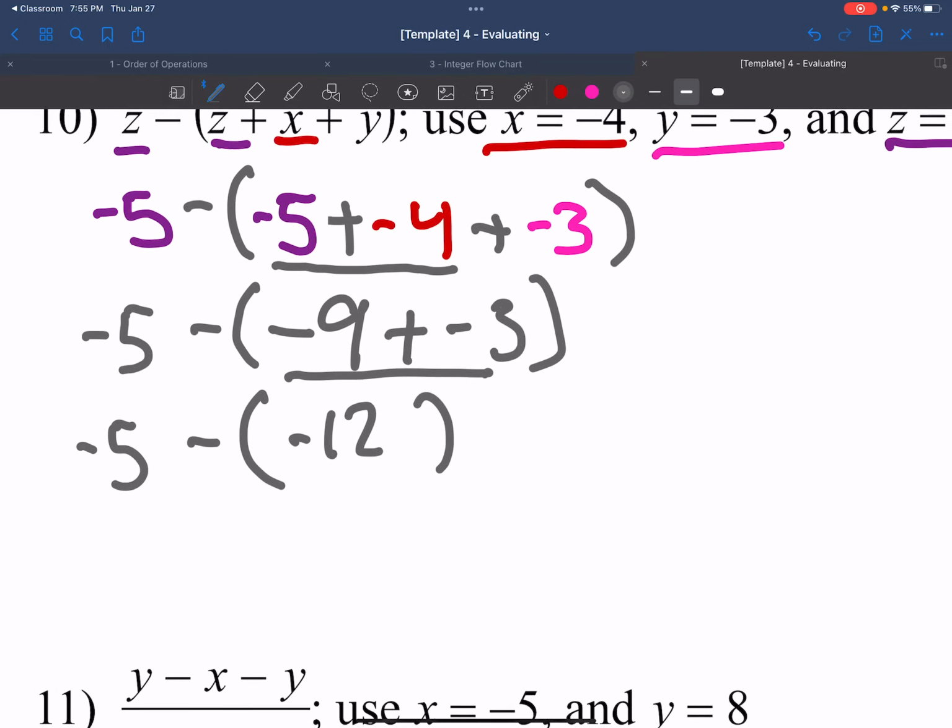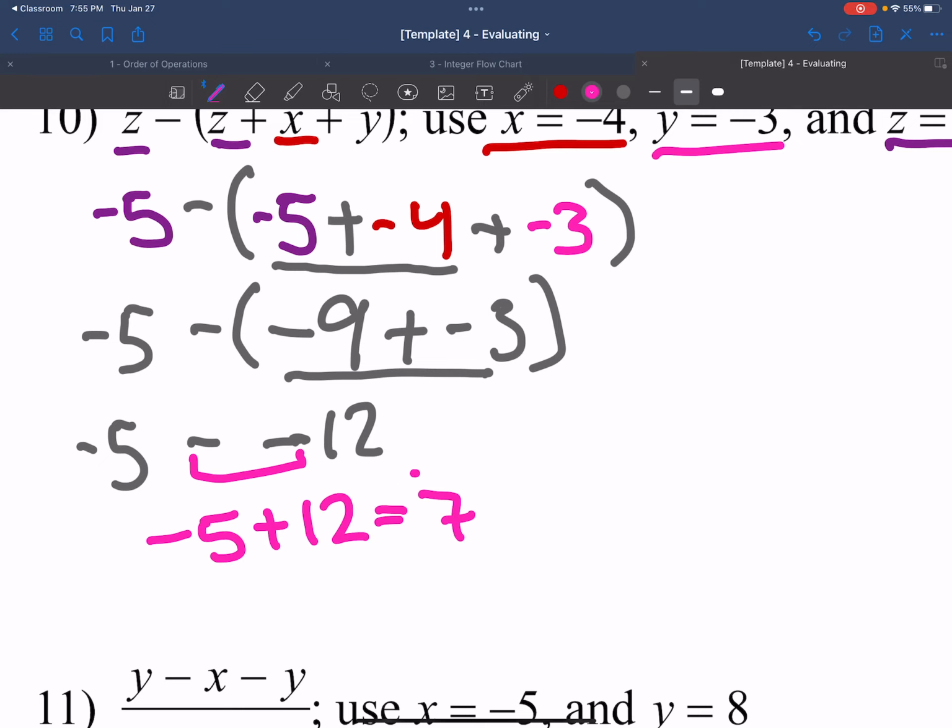And so, therefore, since we have only one number left inside of our parentheses here, and we have that minus sign, we can actually drop the parentheses. So we have -5 minus a -12. And two negatives together make a positive. So really we have -5 plus 12, and that would give us a +7.